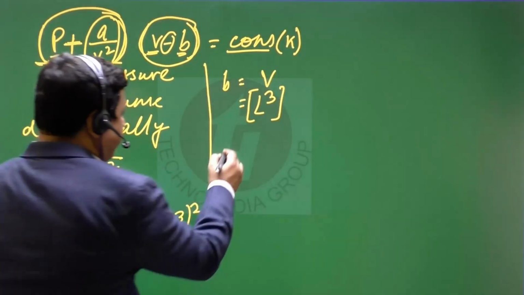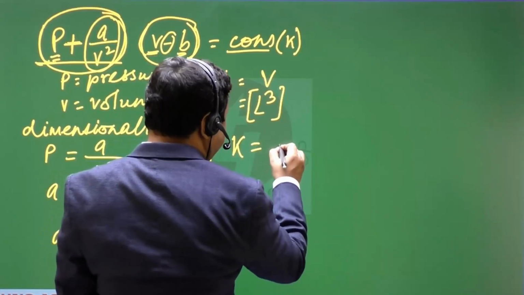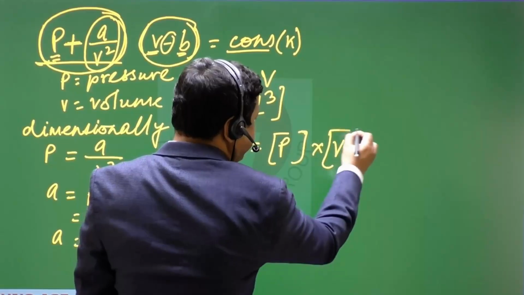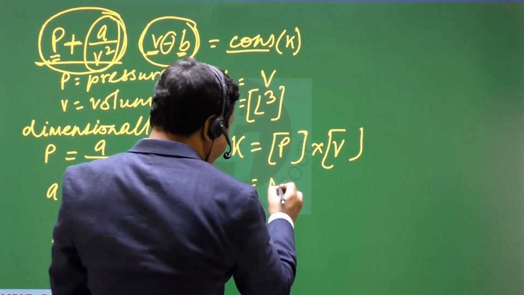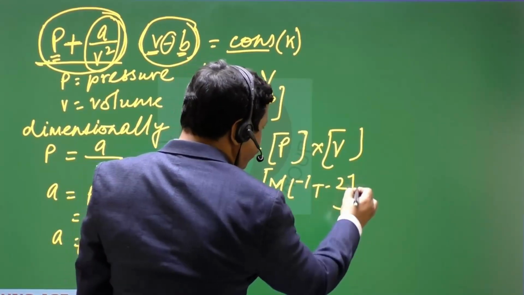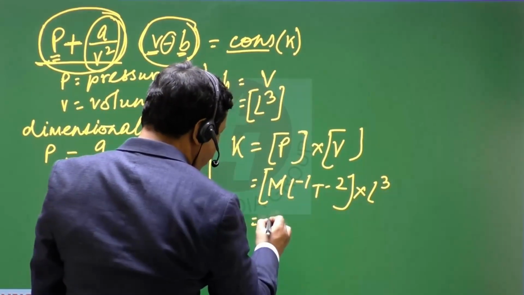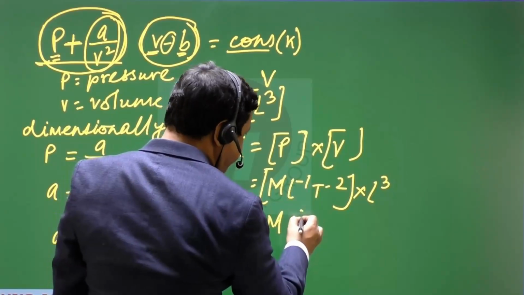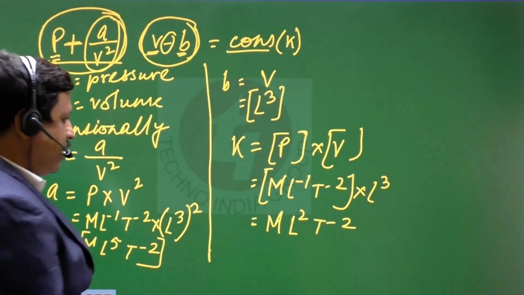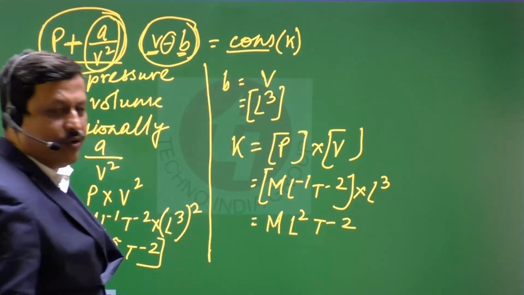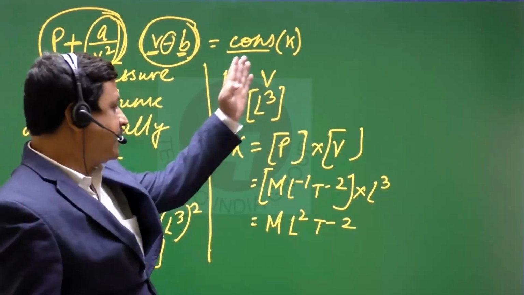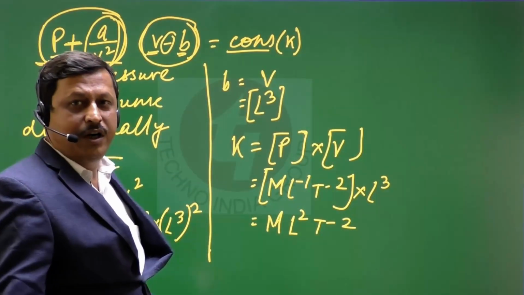Then K will be dimensionally P into V. We can write P into V, pressure into volume, that is M L to the power minus 1 T to the power minus 2 whole into L cube. So M L square T to the power minus 2, that is the unit of K, and you know that this unit is the unit of work done or energy, right? That means K represents work done or energy.